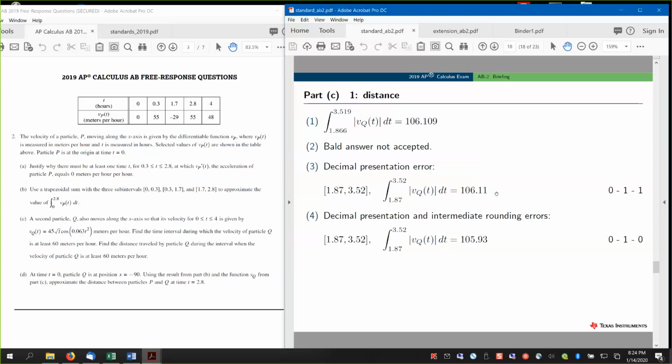They earn the second and the third point here. It is in this example down here in number 4, where they made a decimal presentation error. They earn the integral point, but probably what the student did is use these decimals in their calculator, and they have an incorrect value here of 105.93. So that's a 010.